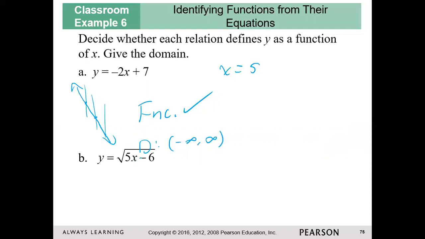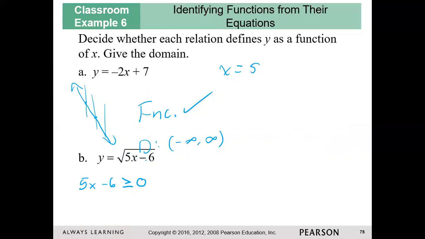So the quick, slick way to do this is to take whatever's in this radical, into the square root, this 5x minus 6, and we set it greater than or equal to 0, because that's your boundary to positive and negative numbers, right? Remember, it says we don't want anything to be negative inside here.